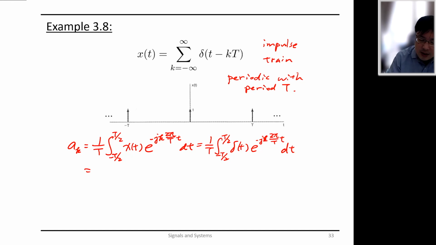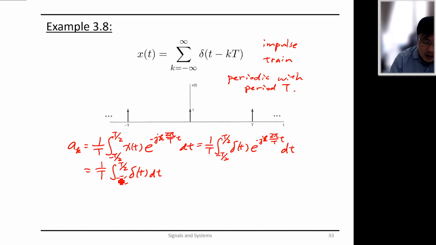Okay. So like I said, this inside is non-zero only when t is equal to 0, right? So when t is equal to 0, this becomes 1. So you have 1 over T, integral from minus T/2 to T/2, delta of t dt, right? So I'm substituting this with 1 because it is non-zero only when t is equal to 0.